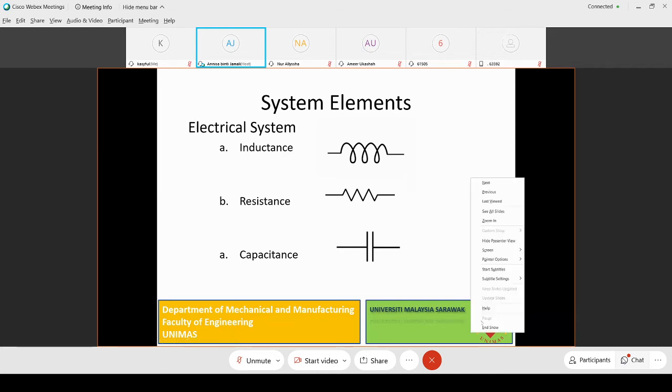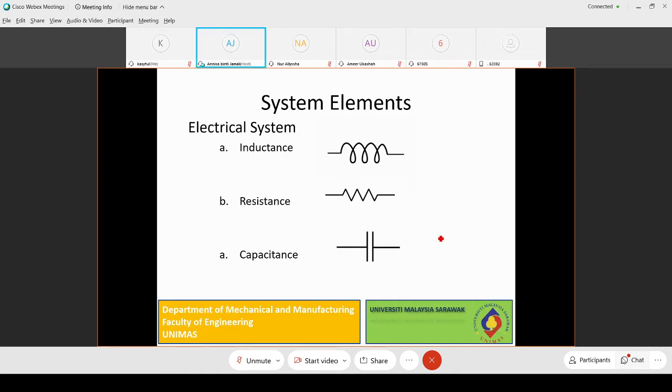So for inductance, if you still remember, you learned this in electrical engineering technology, EET, last time. The voltage given by this inductance would be V equal to L di over dt.